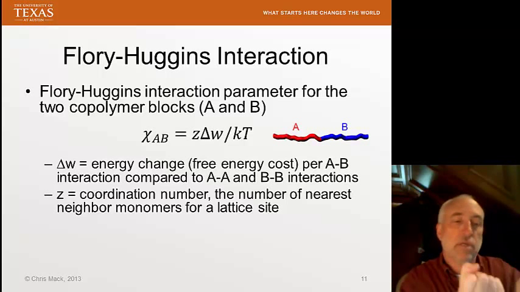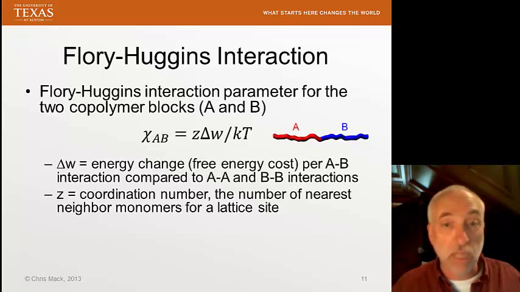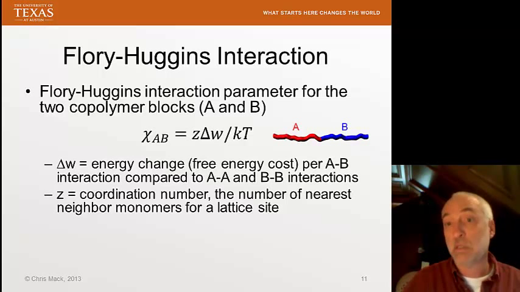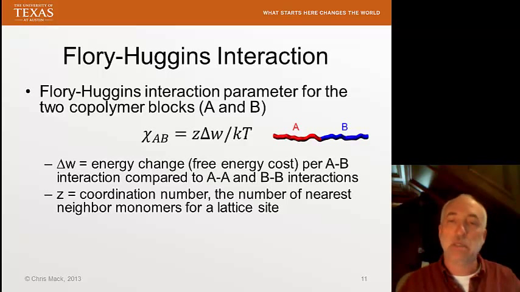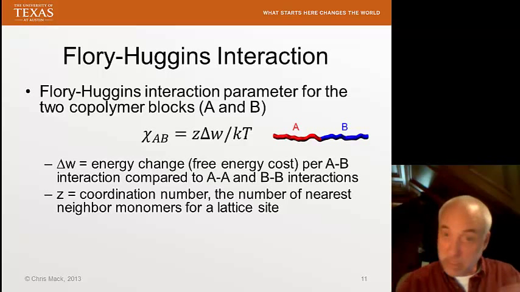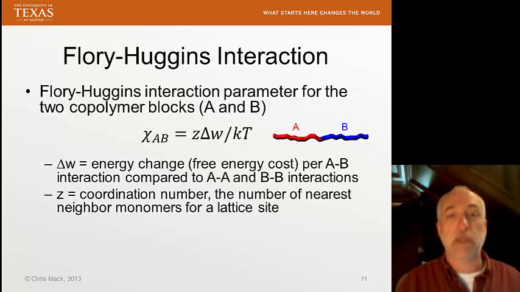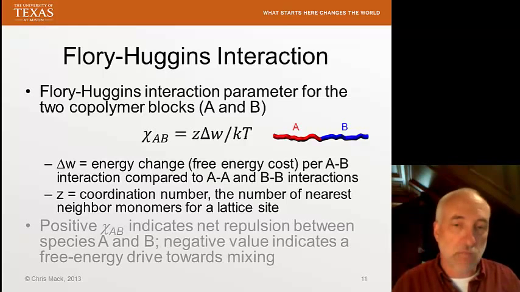I'll certainly have the one to the left, but I also have the one to the right. I might have one above it and one below it. It's often something like 4 interactions that change, but it can be more or less depending on the configuration of the block copolymers. All of these things together determine the Flory-Huggins interaction parameter for that particular block copolymer.